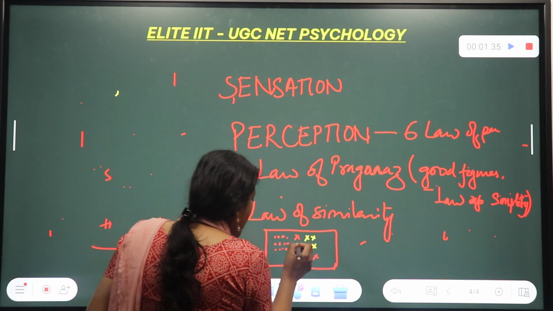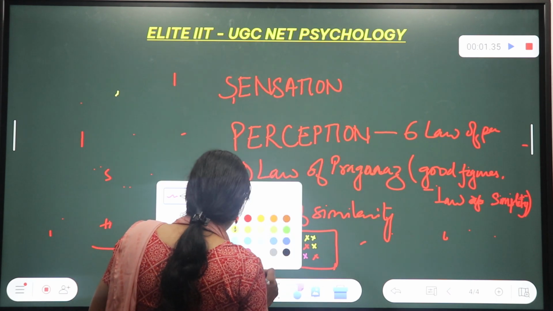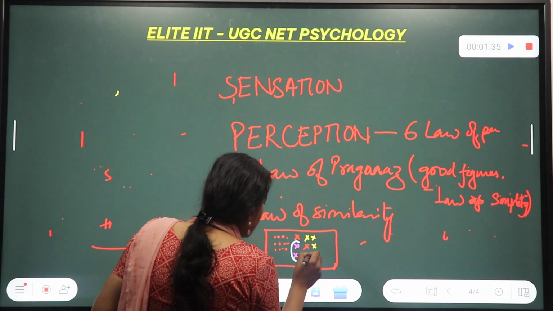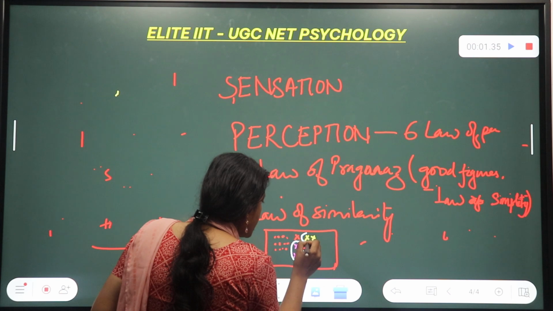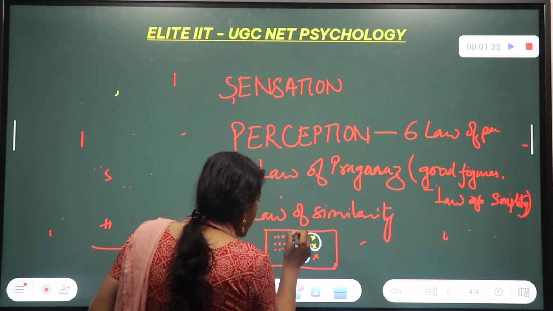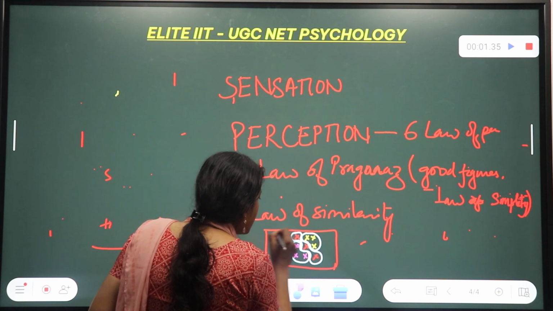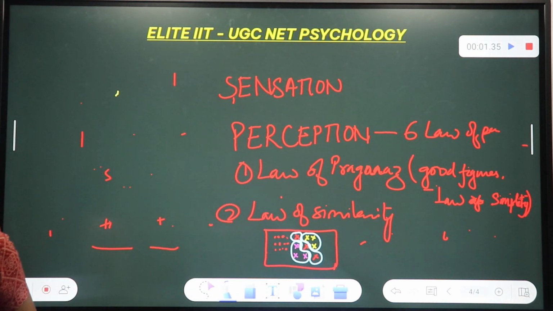We see that these are grouped together because they are similar. This is grouped together and this one is grouped as another team. So, similarly we will bring them together.